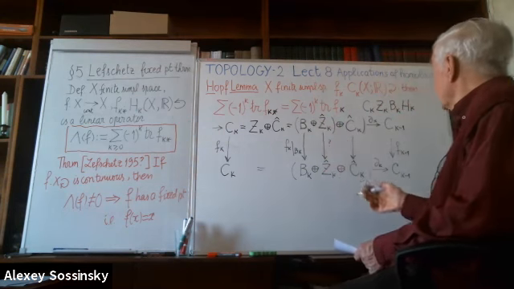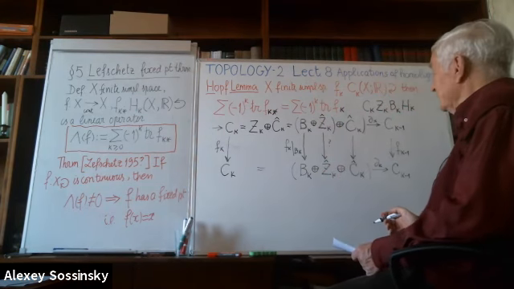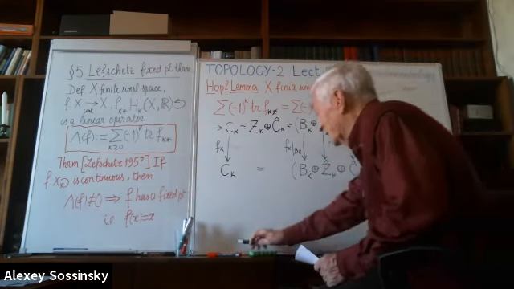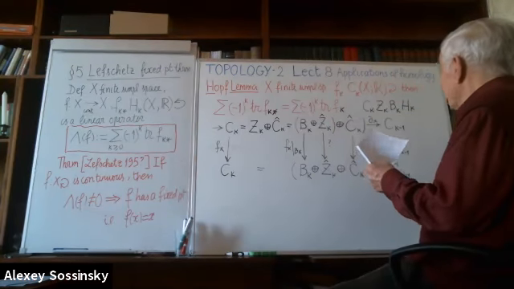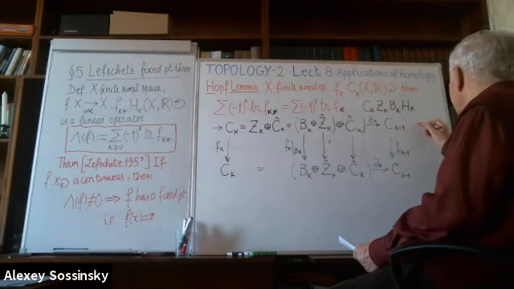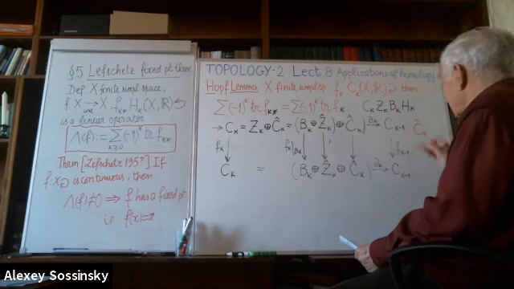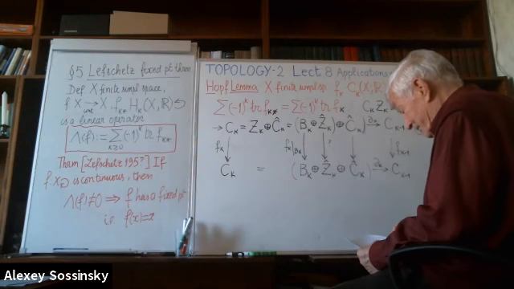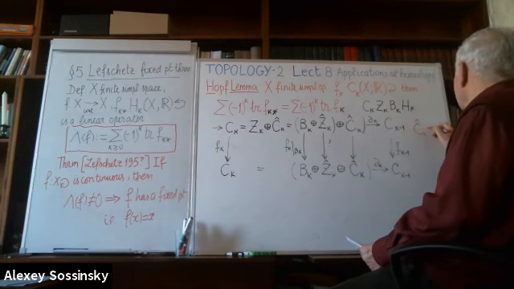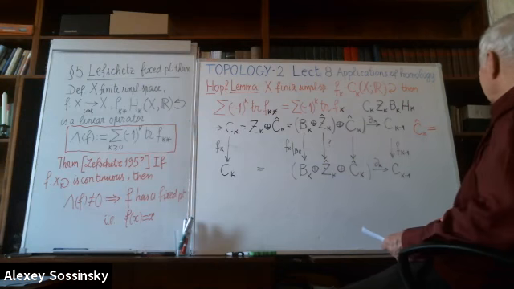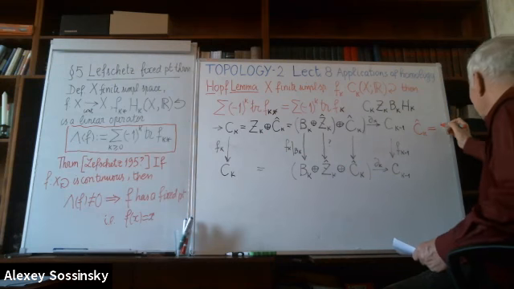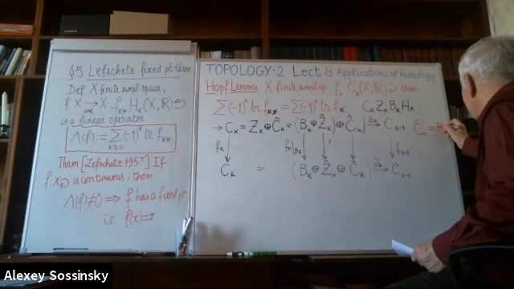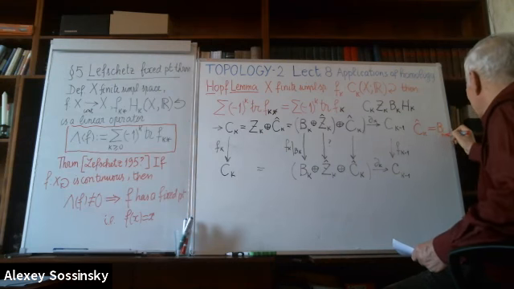So we have the following picture, and now let's try to figure out, first of all, what is C K hat. Think a little bit. Well, if you understand the definition of homology, then this is just bk minus 1.